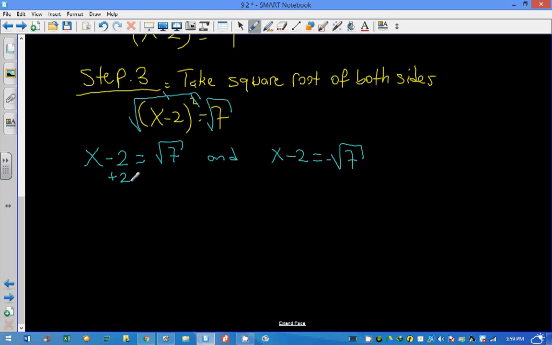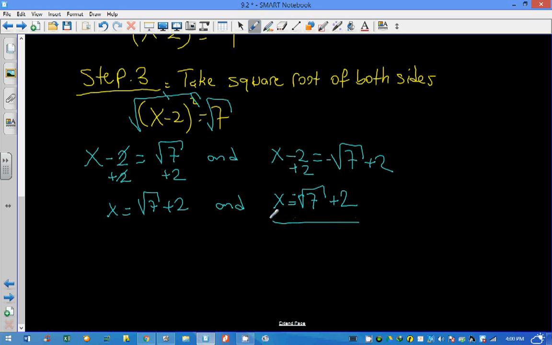Plus 2 on both sides, x will be equal to root 7 plus 2, and x will be equal to negative root 7 plus 2. These are the final answers.